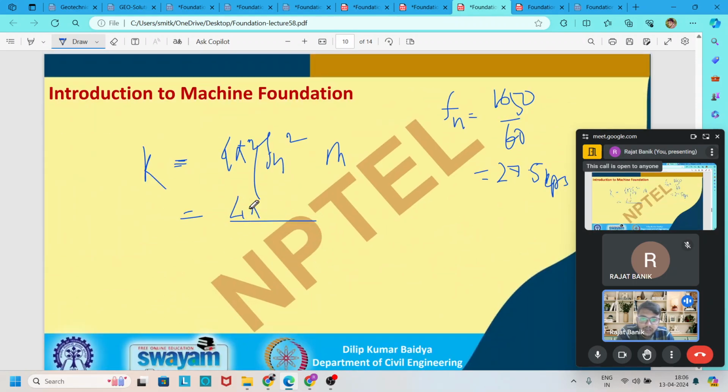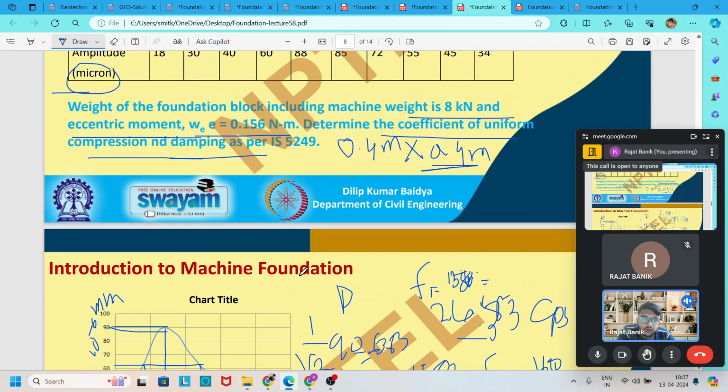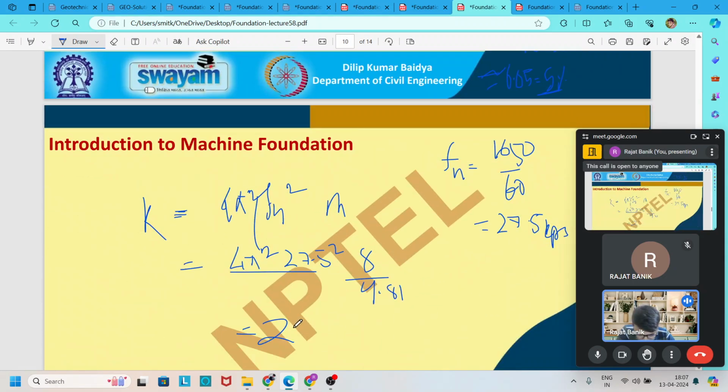So stiffness is 4 into 3.14 square into 27.5 square into 8 divided by 9.81, which is equal to, in kilonewton, since it is given in kilonewton, you have to put the answer also in kilonewton, 2.35 kilonewton per meter.